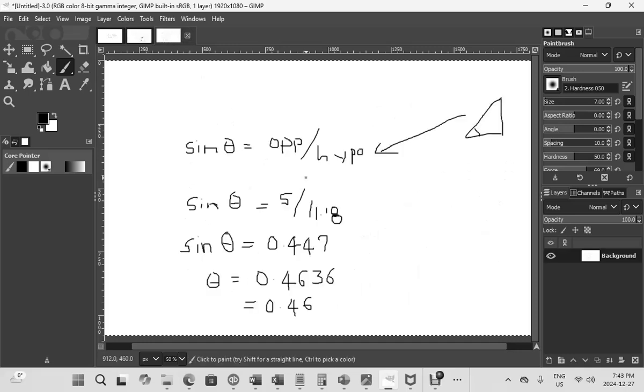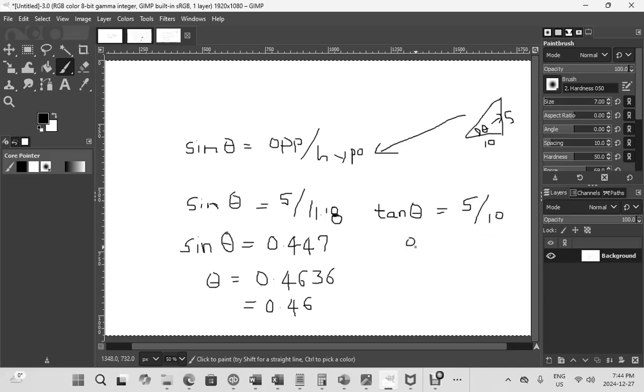So tan theta is opposite over adjacent. The opposite side to the angle is 5, or A, and the adjacent side is 10, or B. So your tan theta equals 5 divided by 10.